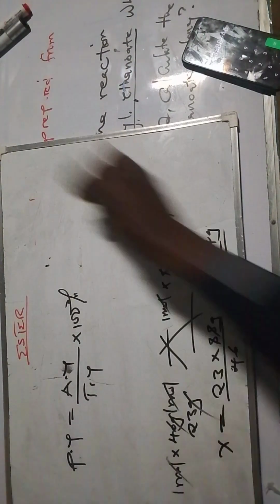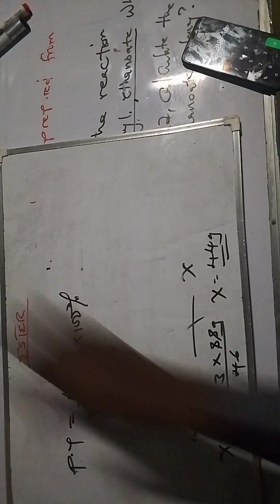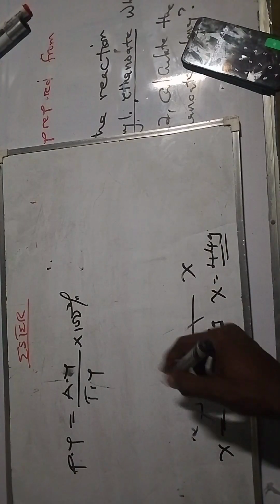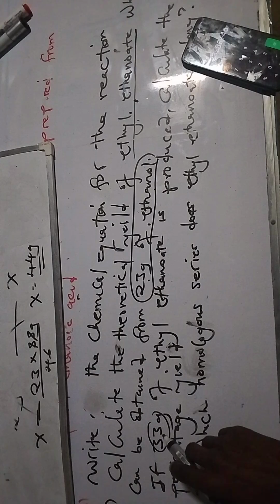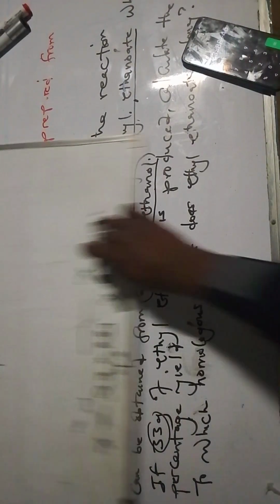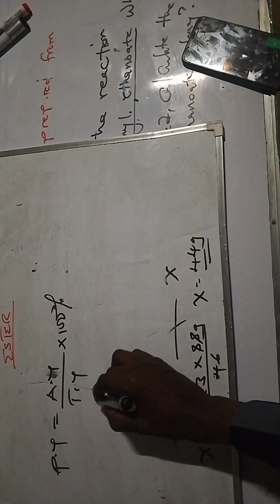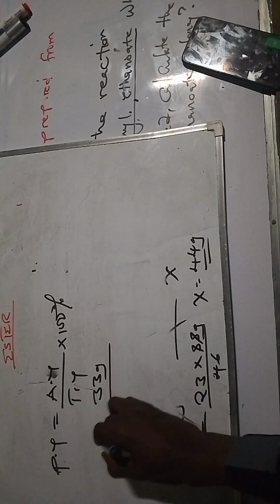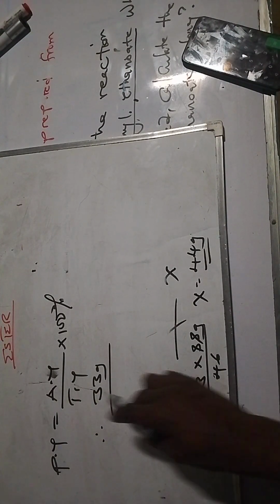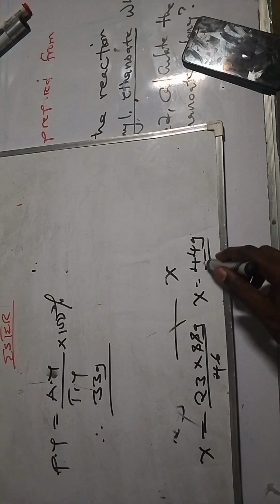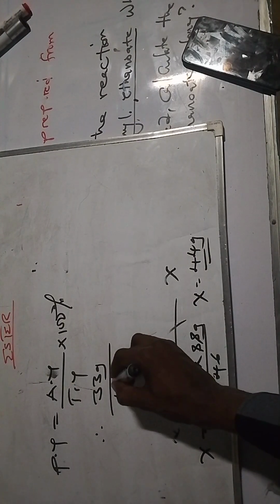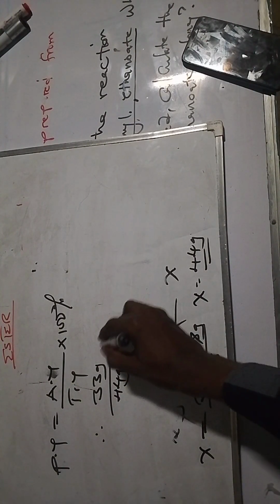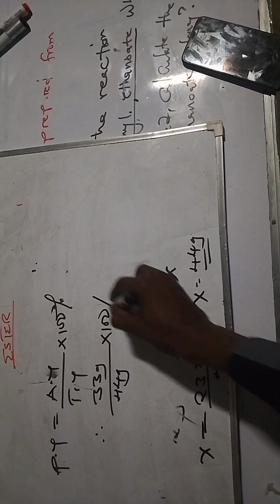So since we have the actual yield from the question, the actual yield is 33 grams. Therefore, the theoretical is the one we have calculated, 44 grams, then we multiply by 100%.